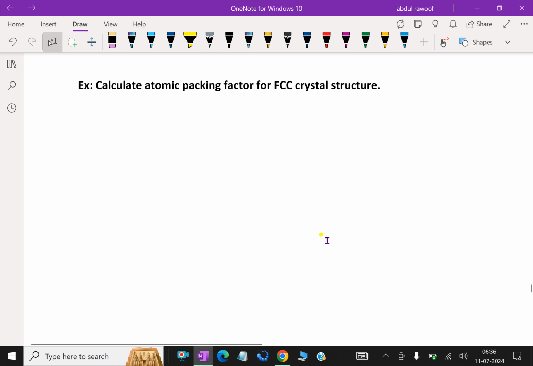Next question. Calculate the atomic packing factor for FCC crystal structure.